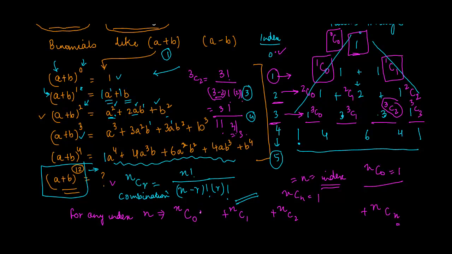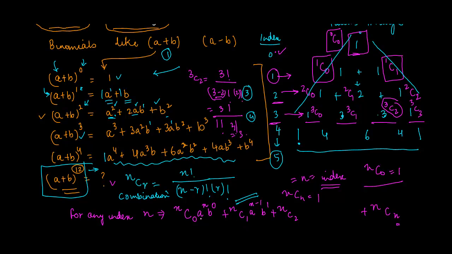Now the first term was a. The index of a is always equal to the index of the binomial. So let's say this has to be equal to n, because that's the index of the binomial. And the index of b is 0 to start. Now as you move to the second one, this will become a to the power n minus 1 and b to the power 1.